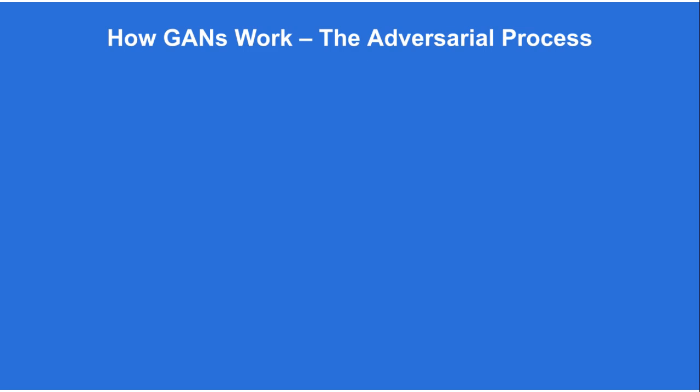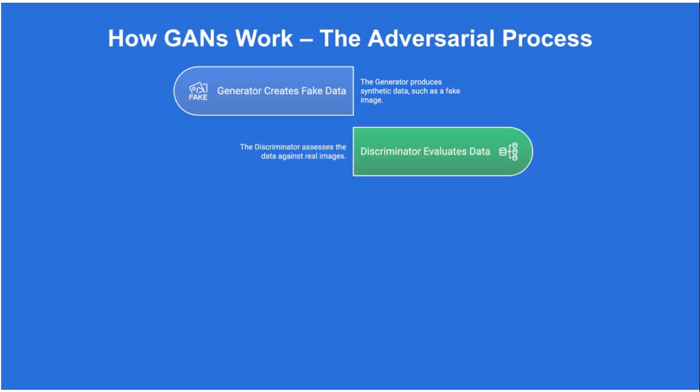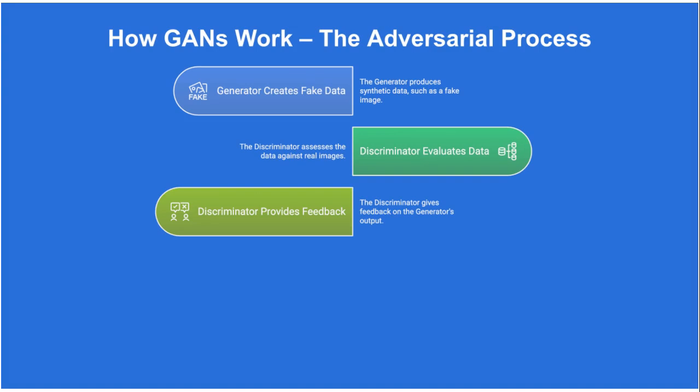Here's how the process works. The generator creates fake data, for example, a synthetic image of a human face. The discriminator evaluates the data, comparing it to real images. If the discriminator correctly identifies the fake data, it provides feedback to the generator, telling it what mistakes it made.